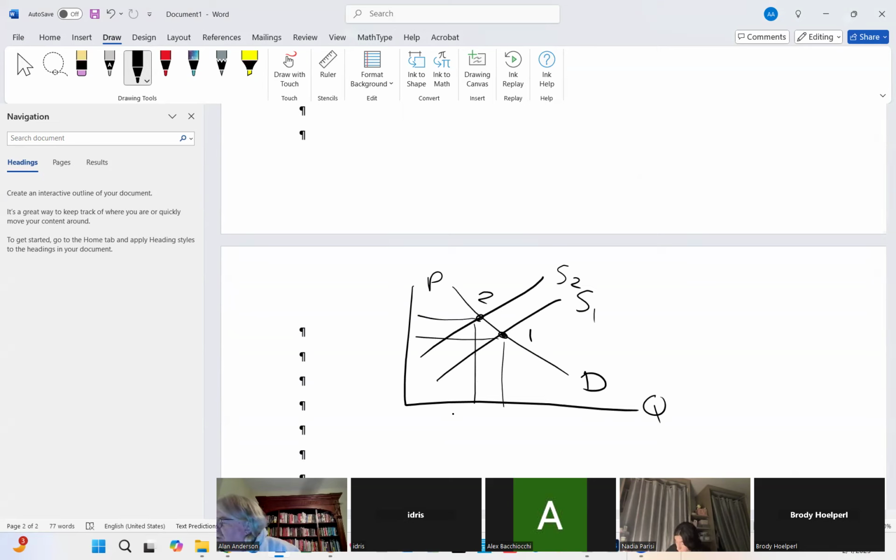Here's the original quantity, here's the new quantity, old price, new price. The price did go up, the quantity went down.